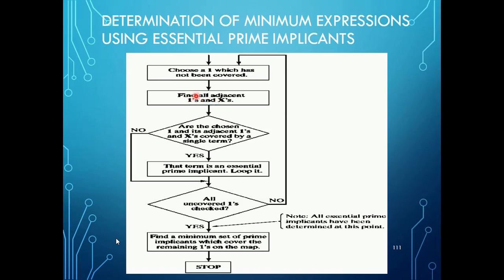Only you have to find all adjacent ones. That will be the second step. The next step is: are the chosen one and its adjacent ones and X covered by a single term? That you have to find. This is the main step in the procedure, because you have to see whether the min term you have chosen is covered by a single term.